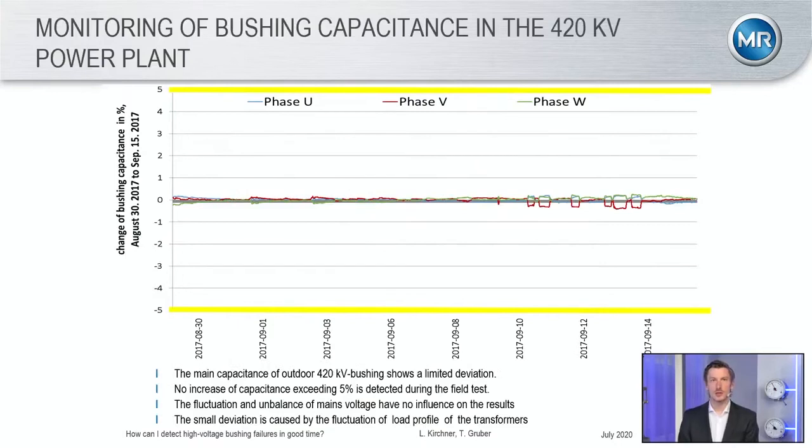So also here with a limit value of 5%, you can see we are not even close over a typical period of 10 days. And we can see that the system and the algorithm works in the field. And we also compared this approach to other approaches that are out there in the field, and no false alarms have been generated.